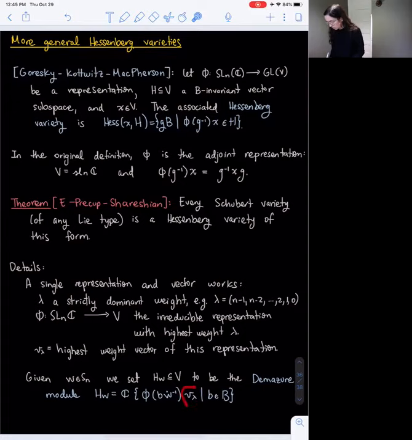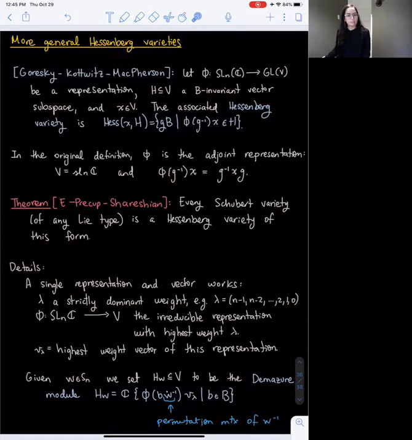You take your highest weight vector and act on it by the permutation matrix of w inverse. I did not define that notation earlier. So you use your representation to act on your highest weight vector by these objects, where you run over all elements of your Borel, and then you take the C-span of those vectors. And that's going to be your H sub w.